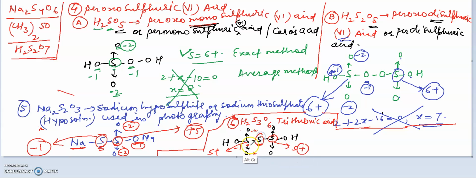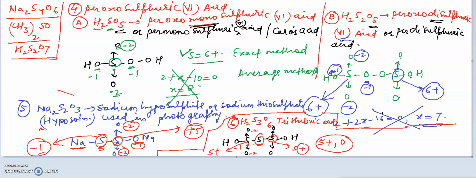Since it is attached with 2 sulfur atoms, it will be having 0 oxidation number. So sulfur here will be having 5 plus and 0 oxidation number in trithionic acid. In sodium hyposulfite or sodium thiosulfate, it is having -1 and +5, and in peroxomonosulfuric acid and peroxodisulfuric acid, in both cases sulfur is 6 plus charged.